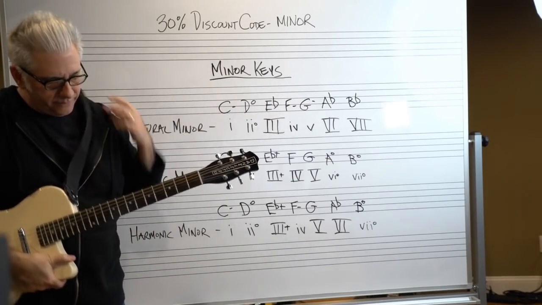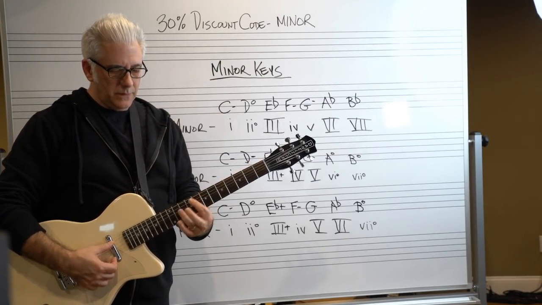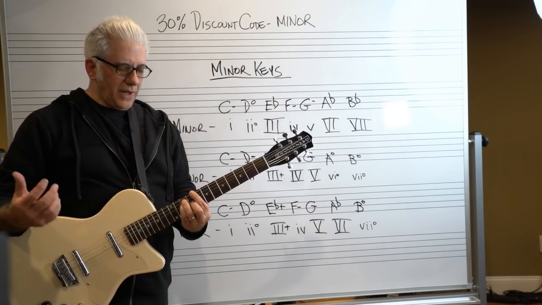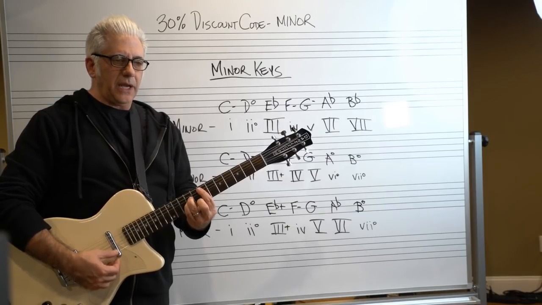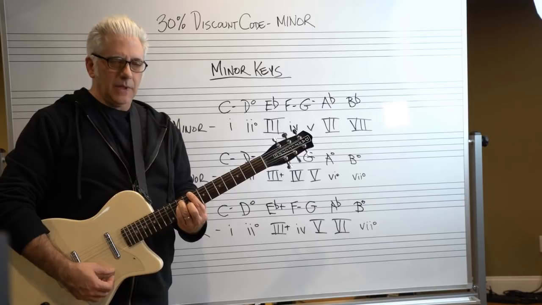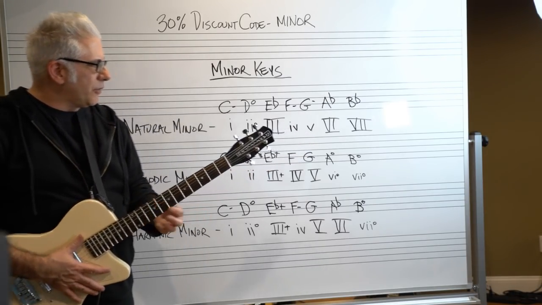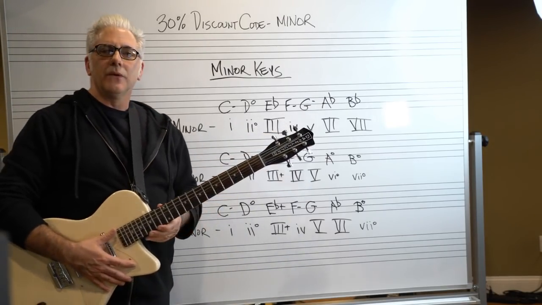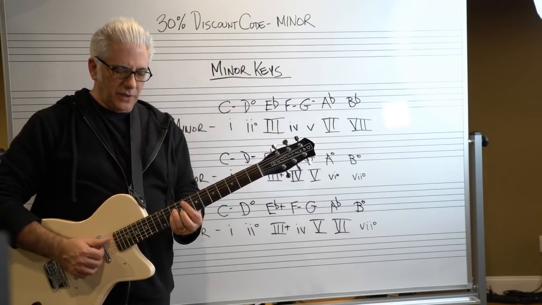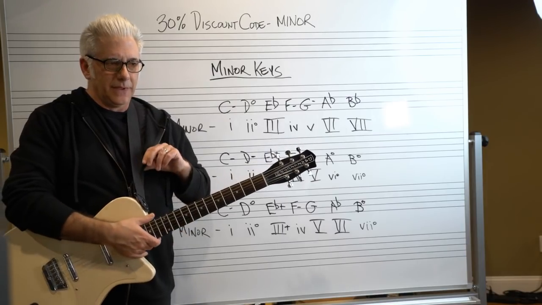So if I'm playing, so that would be 1, 3, 4, 4 minor, back to 1. So that 4 minor chord is coming from the harmonic minor or from the natural minor scale. That's where that chord is borrowed from. It's called a borrowed chord, but that's typically where it is coming from.